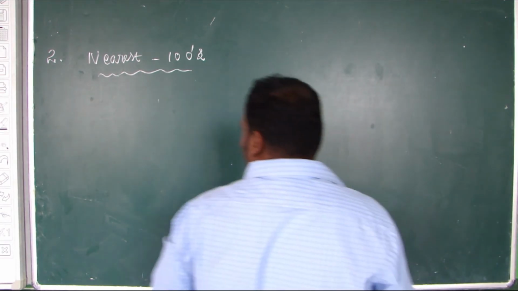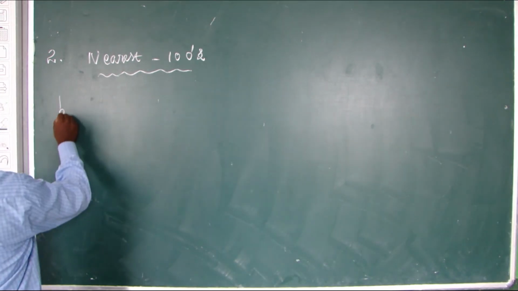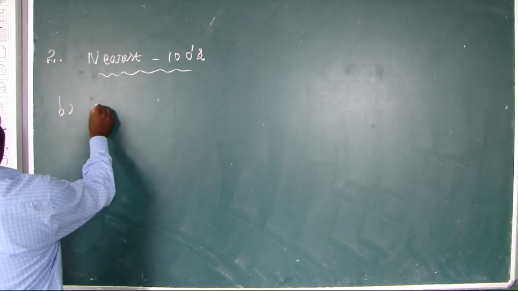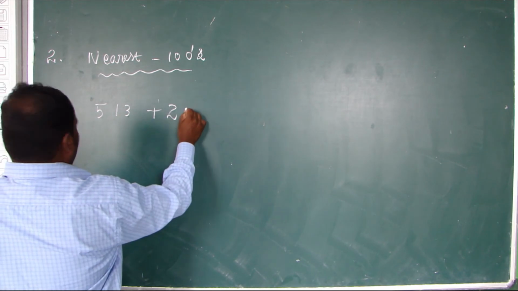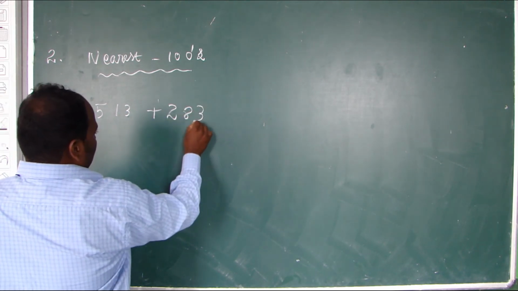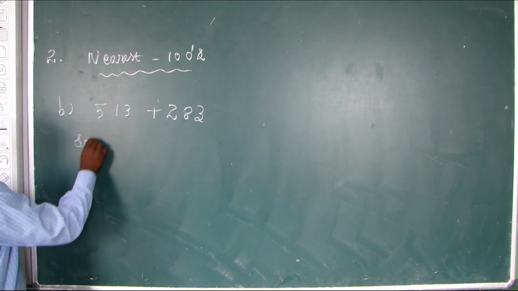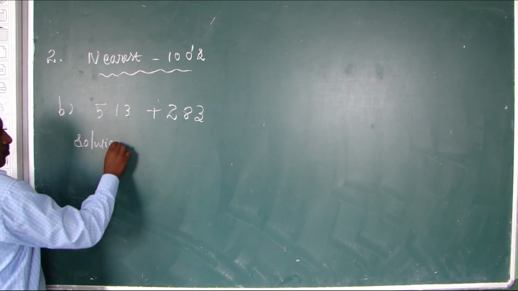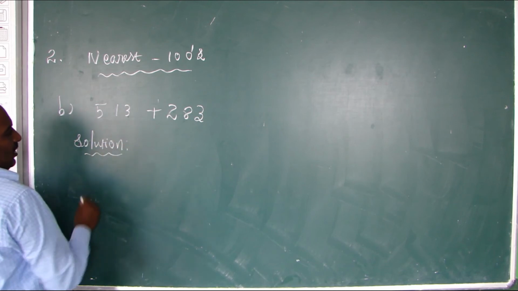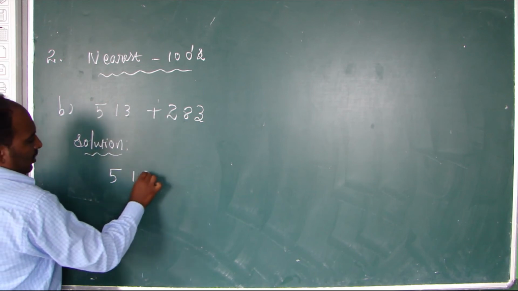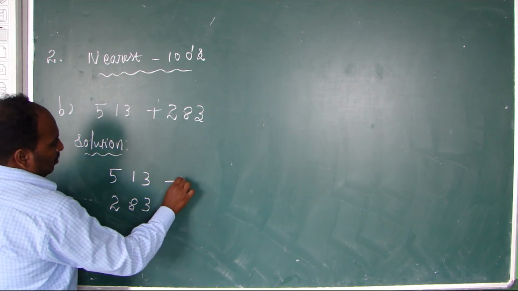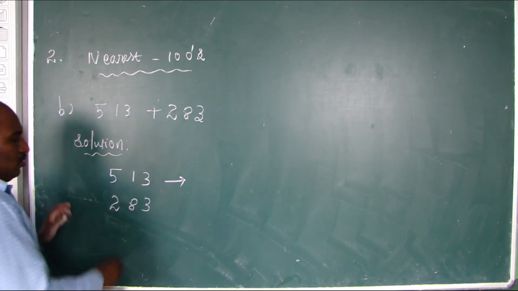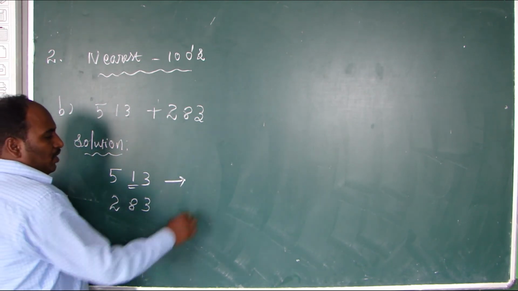The next one, B part. 530 plus 283. We want the nearest hundreds. The rounded value of 513 is 500, because the tens place is 1.